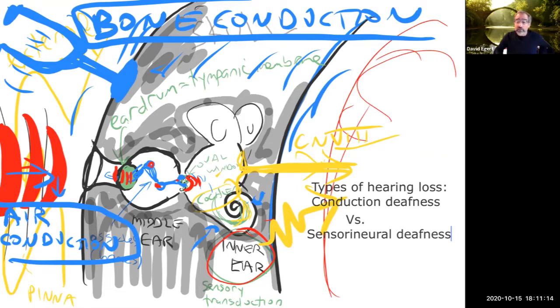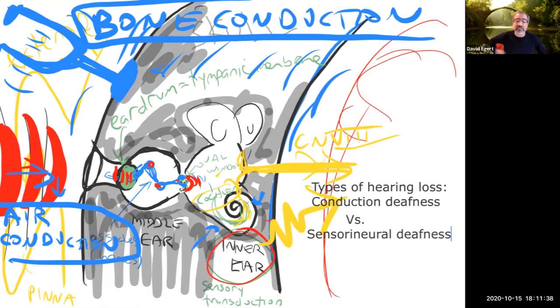And again, we're going to look at this in much more detail later. The idea of the little hair cells that are basically converting motion into voltages. But something is going wrong in the cochlea. The cochlea normally converts vibration into an electrical signal. If that's not working, you'll also not hear anything.